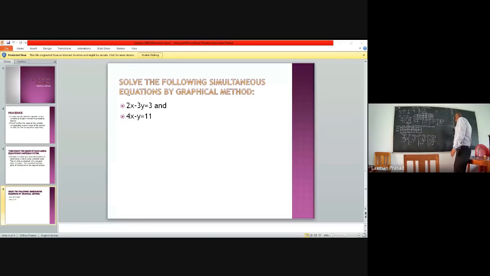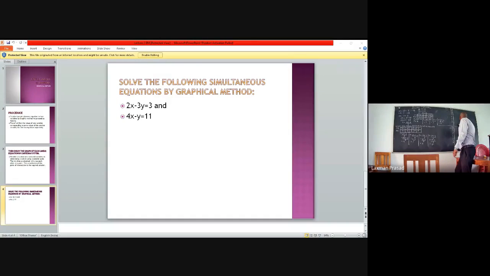means this blue dot here, and this point value is 0 and minus 1. And then if the value of x is 3, then the value of y is 1.